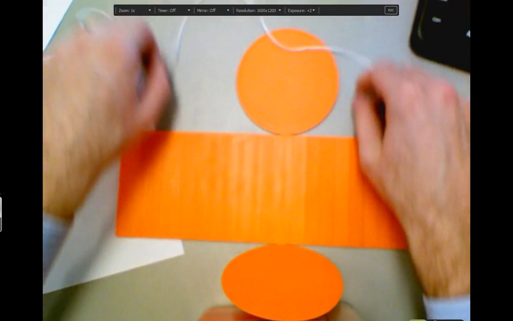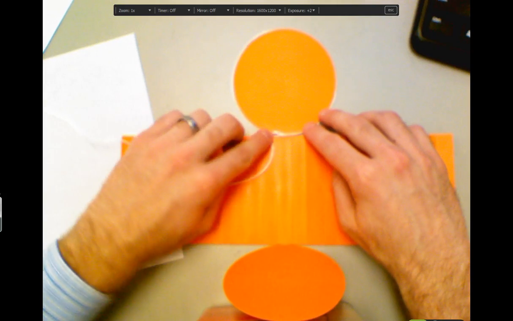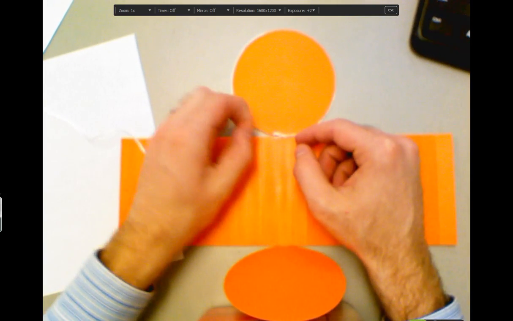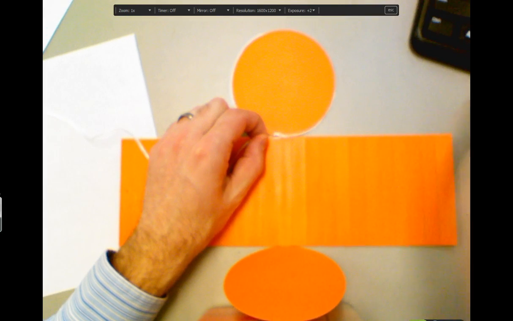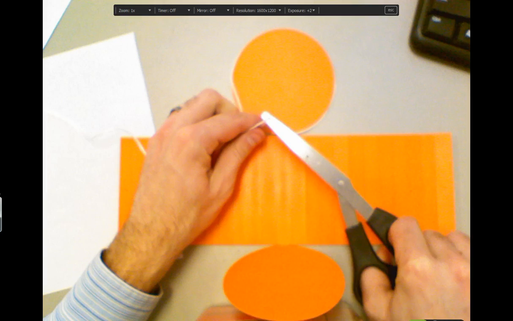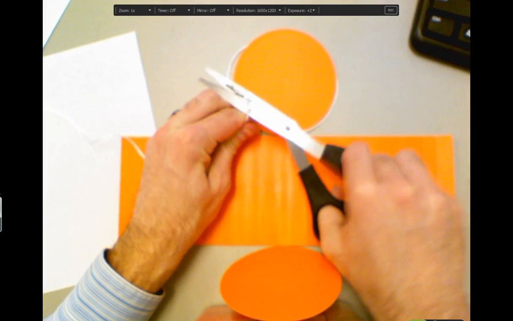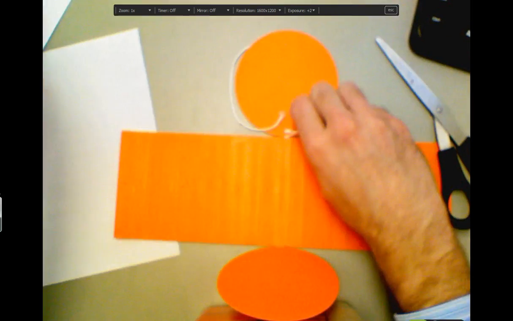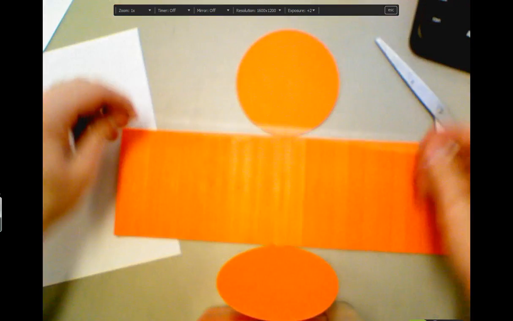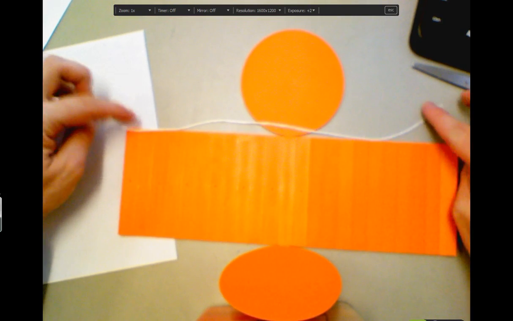I'll kind of estimate. There we go. So about here to here. Not quite accurate, but close. If I had scissors that worked. There we go. Okay, so this is about the circumference, and you see that it actually does go all the way from end to end there.